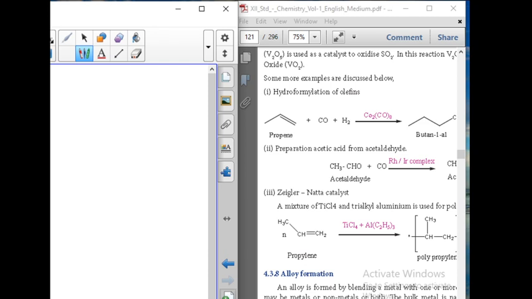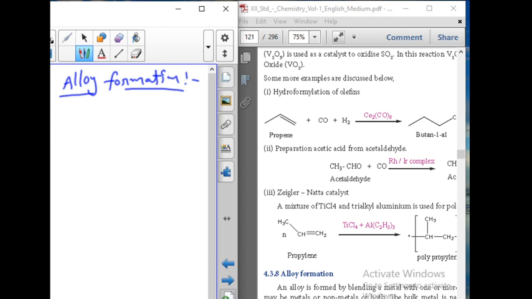Now another property is alloy formation. First of all, why can metals form alloys, and what is the use of an alloy? Any metal can form alloys, meaning one metal is mixed with another metal or non-metal.